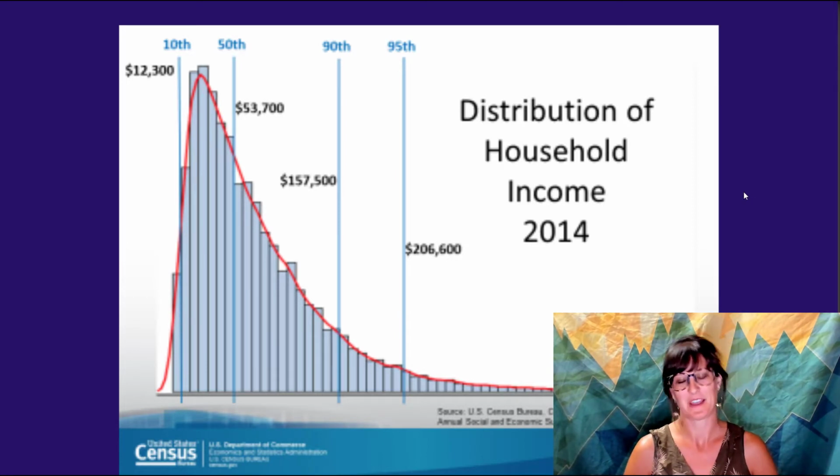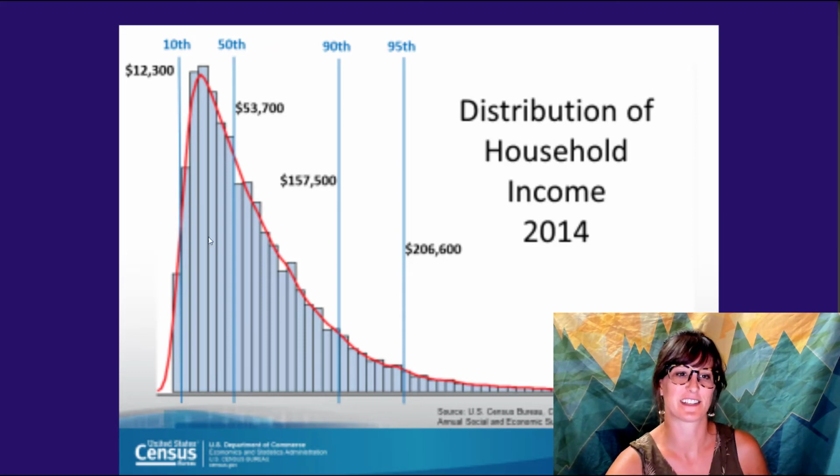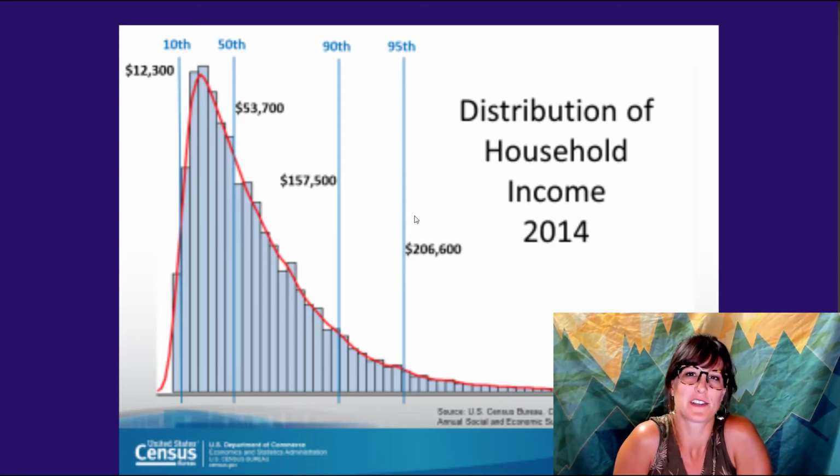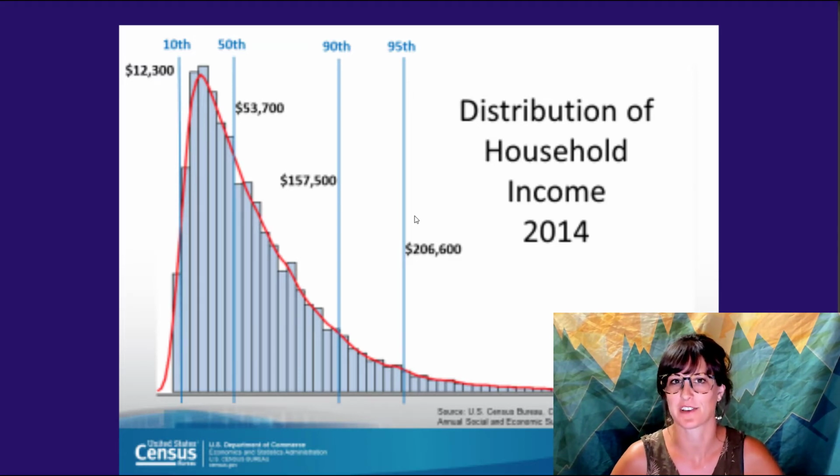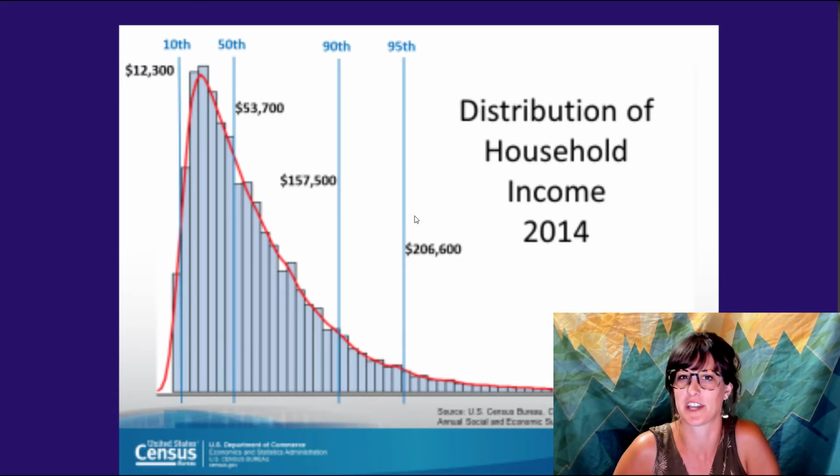Fun fact here, I did the math on this. On my screen, the distance from 0 to 200,000, so that 95th percentile, that distance is about 5 inches. Just for fun, because you're forced to watch my video, I'm going to ask you to point on your screen to where you think Jeff Bezos, the richest man in the world, is.